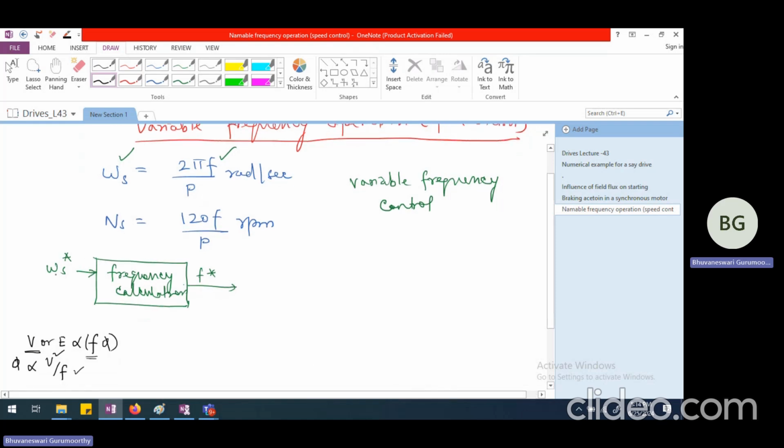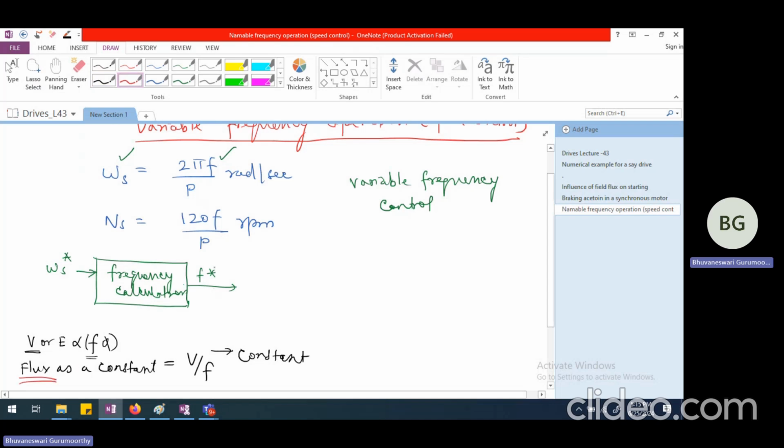So if I want to maintain the flux as a constant, I have to keep V by F ratio as a constant. So same as what we did in the case of induction motor, here also I have to keep V by F ratio as a constant if I want to keep the flux as a constant.